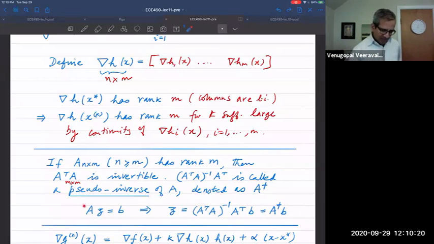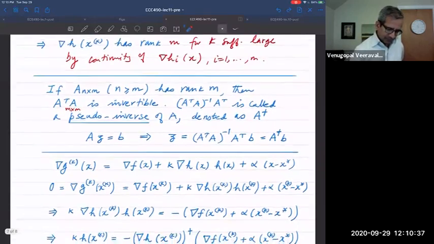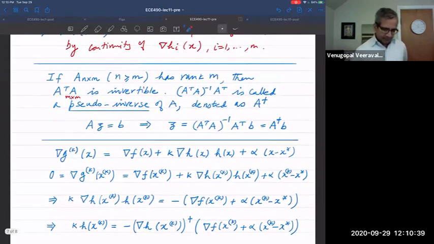Because if I pre-multiply by the pseudo inverse, I just get z on the left hand side. So that's how I get this. All right, so I'm going to exploit the fact that I can get a solution for Az equal to b through this Moore-Penrose pseudo inverse.